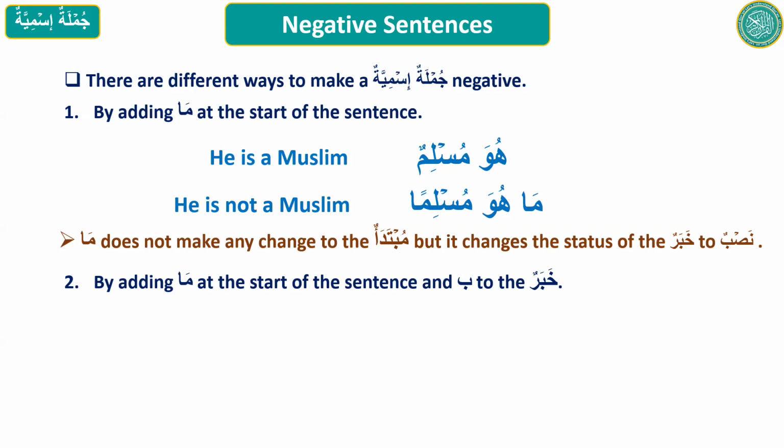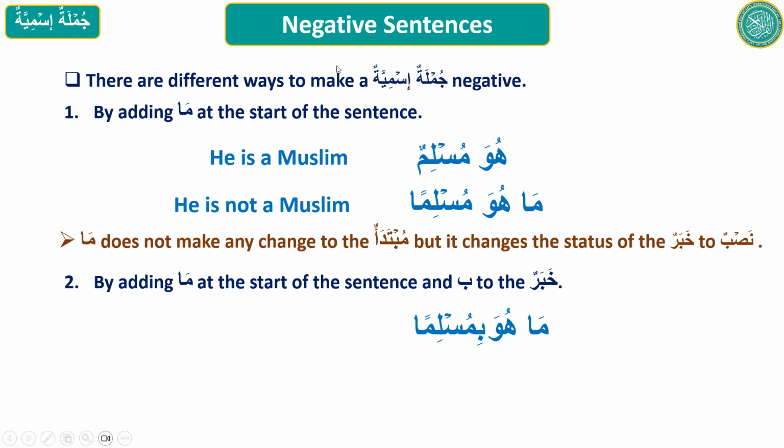In addition to just adding ma, you make another change, you add a ba to the khabar. Like this. So it was ma huwa musliman, like in the previous case, I added a ba to the khabar, which is a B actually. But there is a problem here in this sentence.